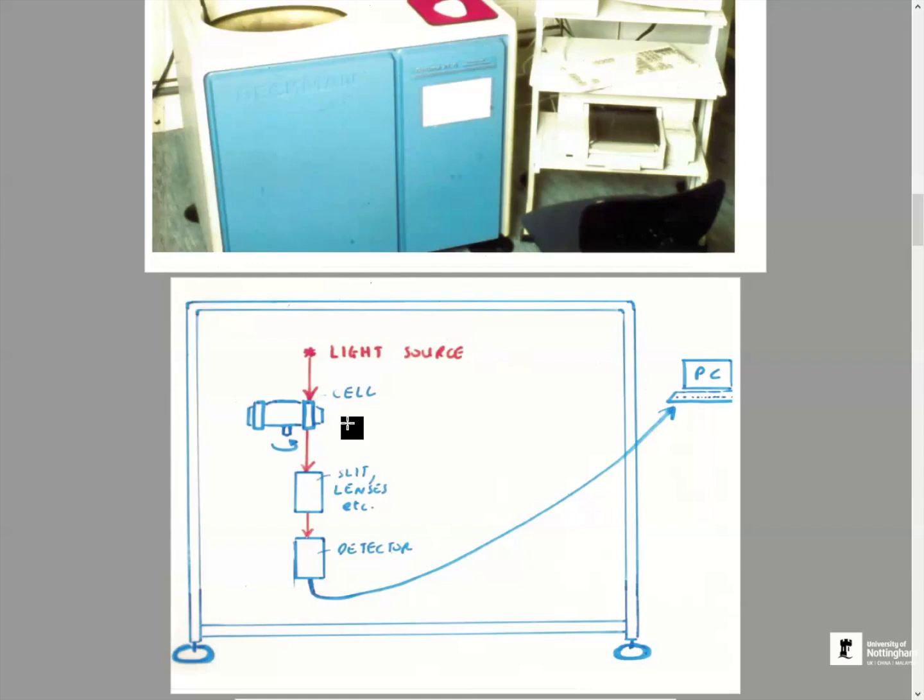But all modern instrumentation now has a check to see if your rotor is balanced before you switch on. So if you have made an error, forgetting to put a balance cell in or whatever, the centrifuge won't work. So light is passed at the appropriate wavelength.